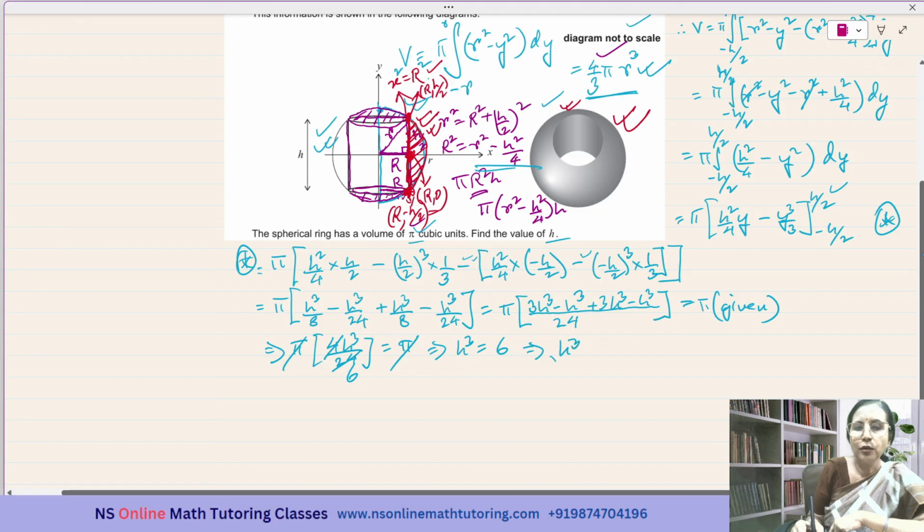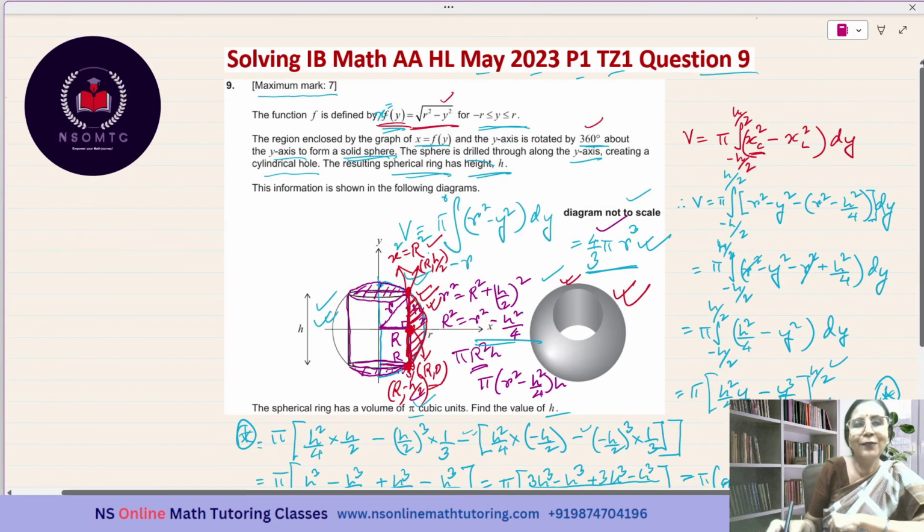Okay, let me take the cube root of both the sides. So cube root of h cube will be equal to cube root of 6. So we can write h is equal to cube root of 6 units. Okay. So students, we have answered this question completely.